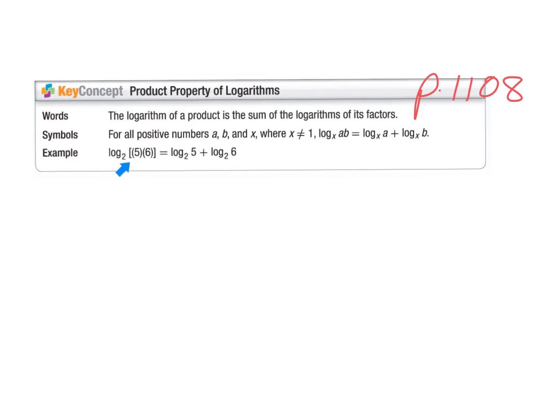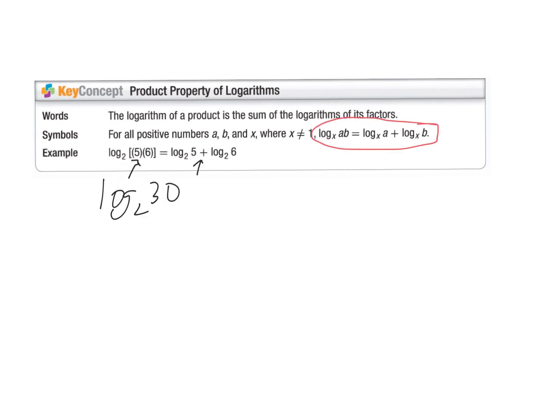First off, the problem would never look like this. So this is what the problem would actually look like. It would look like log base 2 of 30. And then you would find factors of 30 and you would split them up using addition. So this is why I talked about the power properties at the beginning. When I'm multiplying exponents that have the same base, you add the powers.